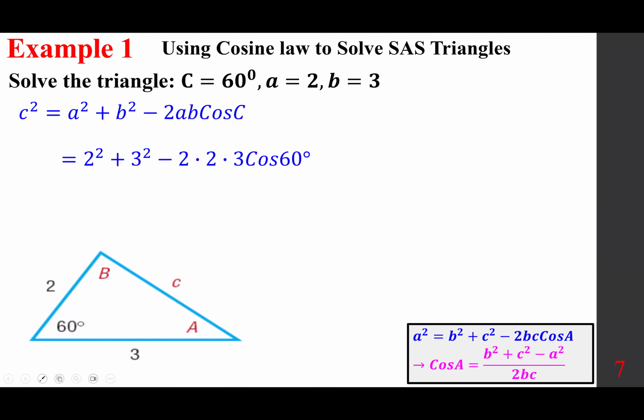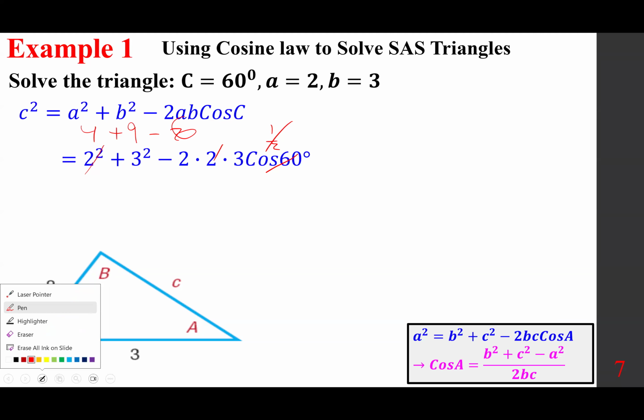And cosine of 60 degrees is 1/2. This is 4. This is 9. These two cancel out these two, so it's minus 2 times 3, I mean.